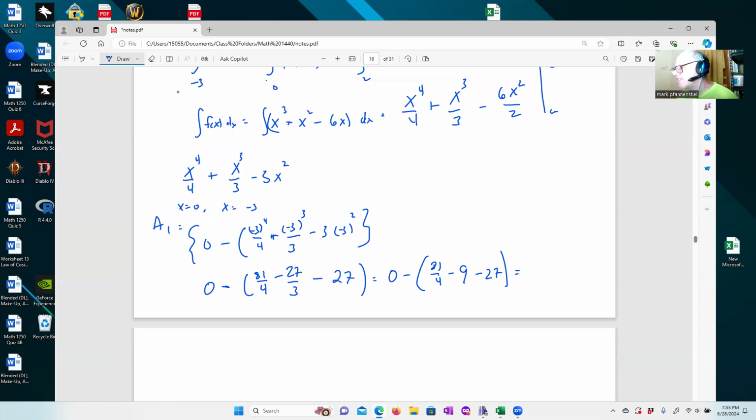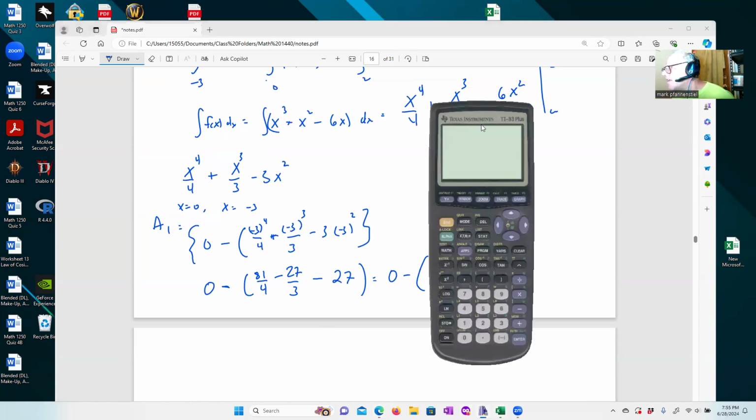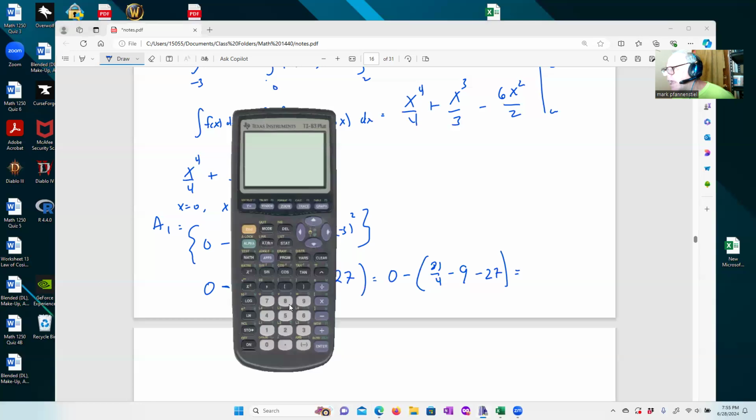There's a minus on the outside, so we're going to put all minus, but we'll use the calculator to help us out with this. Okay, so we've got 81 over 4 minus 9 minus 27. We'll say equals for that, and we ended up with -15 3/4.